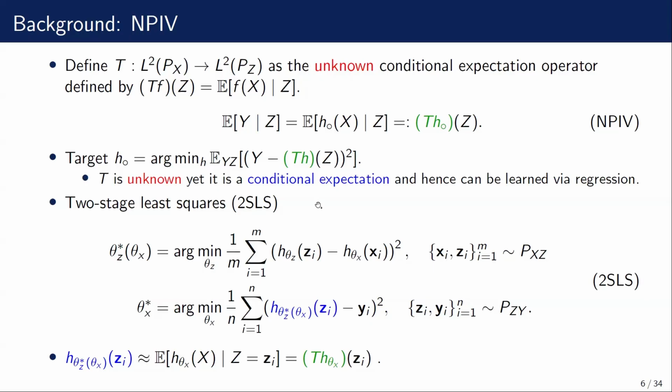Okay, so this is why we need two-stage regression here. In stage one, we first learn T because T is unknown. And in stage two, we plug in the learned T and solve another regression problem. And the final estimator is given by H zeta X.